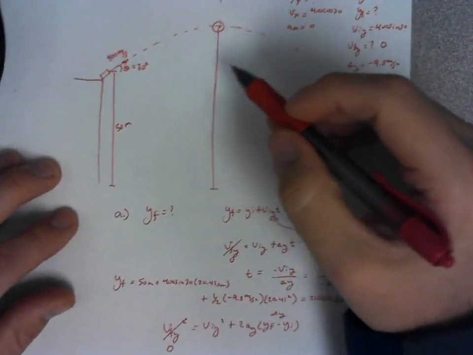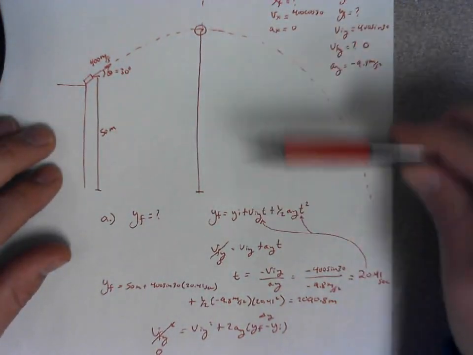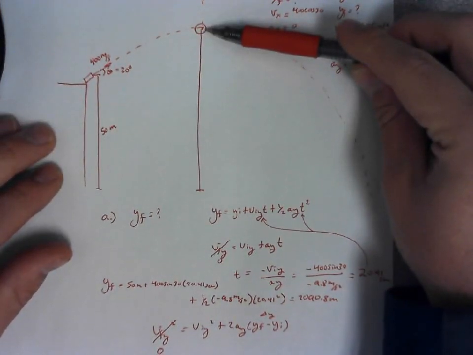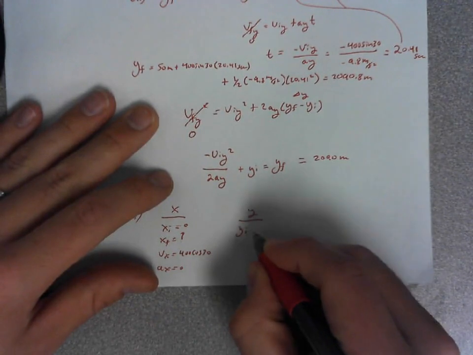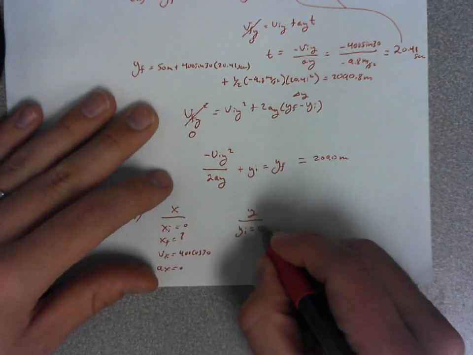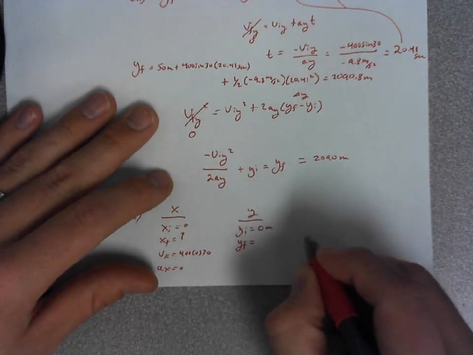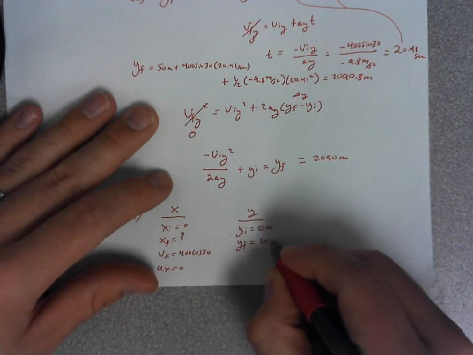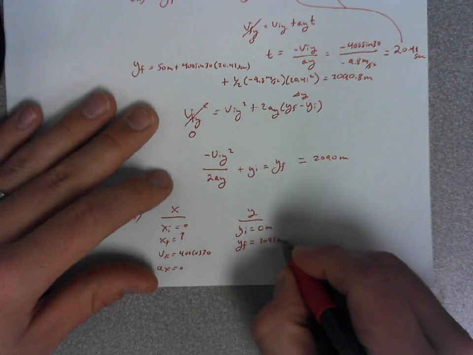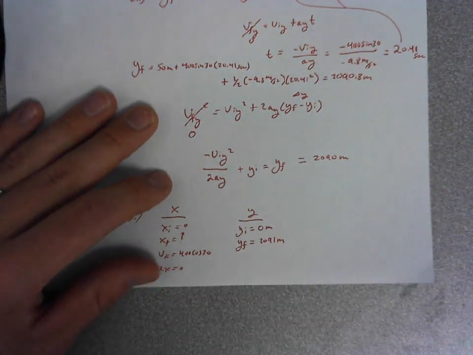I'm going to state, because I'm restarting in essence, I'm making this a new problem, that up top here, that's my initial position. I like to start at 0, so I can just say, using my opinion, that that's at 0 meters. And that y final is the 2,000 and roughly 91 meters that the ball is going to fall from the top of its arc.